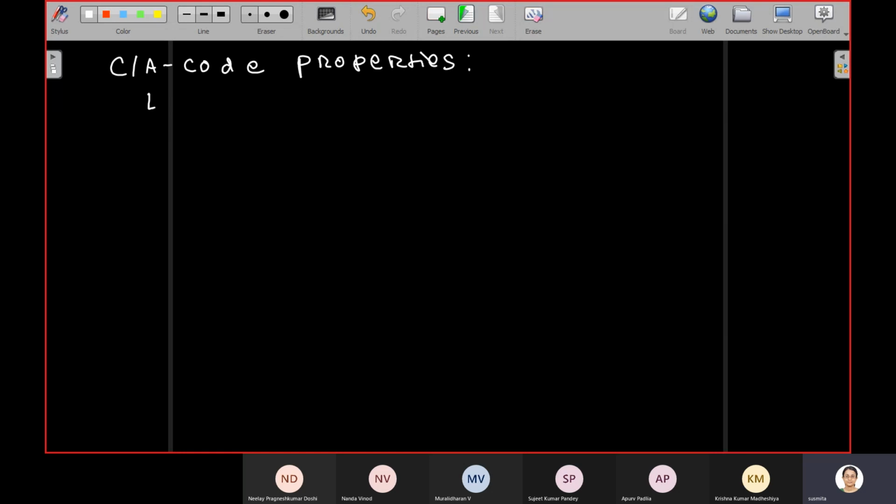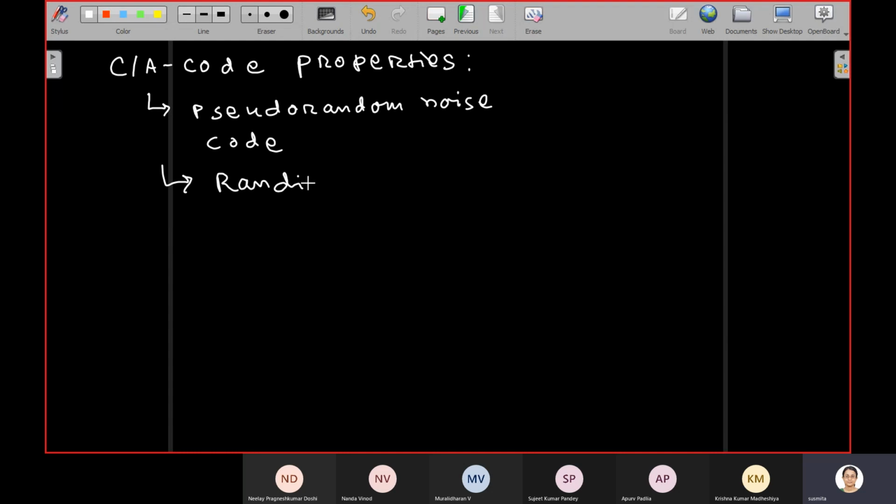So we know that these codes are also called pseudo-random noise codes. Another term for the code is ranging code.